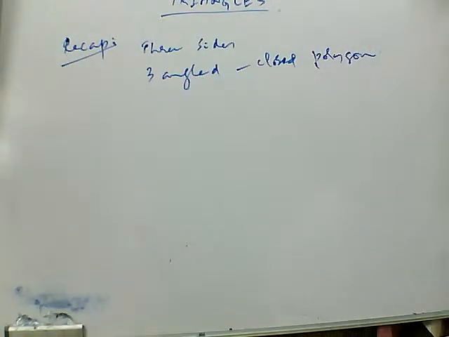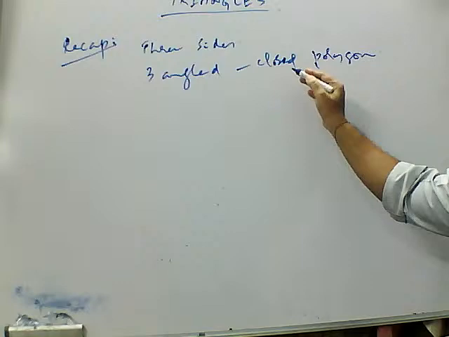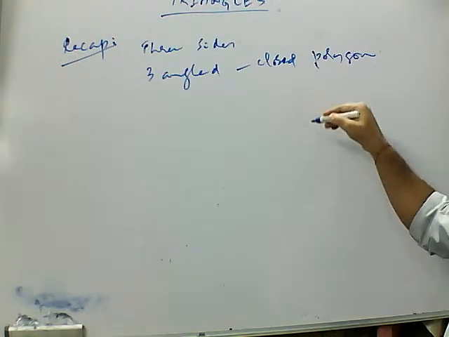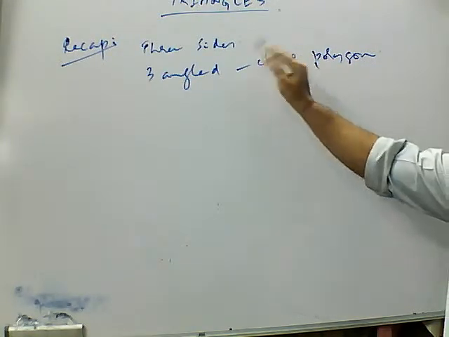It has three sides and three angles. Do you know what a polygon is? It is a closed figure, where the beginning point joins the end point. And three sides, three angles.